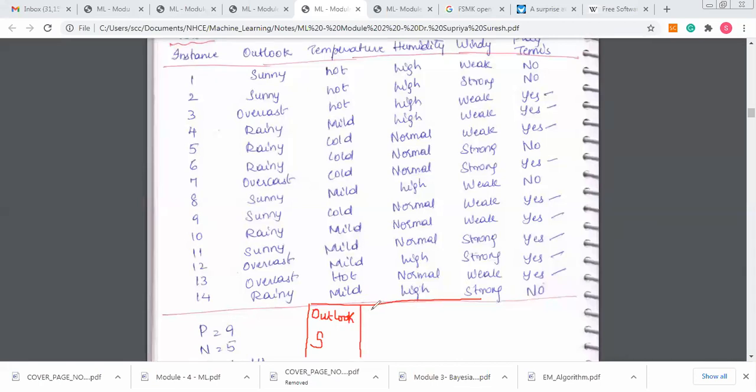The remaining features corresponding to that sunny, the entire instance, is taken. Like we have the temperature, the humidity, the windy, and the play. Okay, what are those instances?